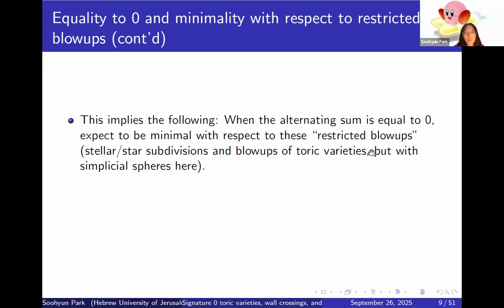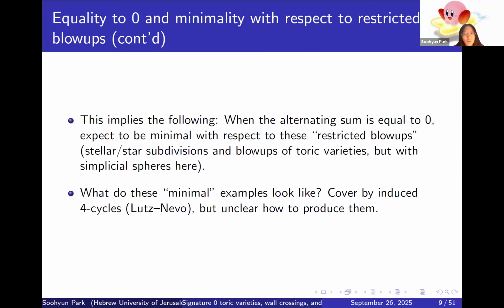Right, so when the alternating sum is equal to 0, we expect the size to be minimal. Because we talked about this in terms of sizes, according to whether we're subdividing or contracting, we expect these things to be minimal with respect to blowups. So what do these minimal examples look like?